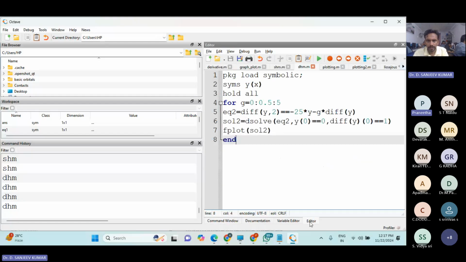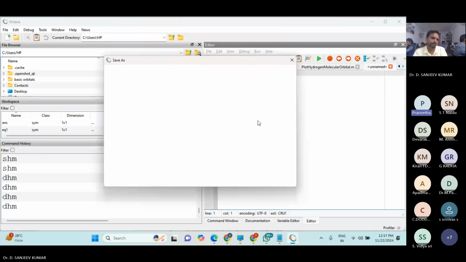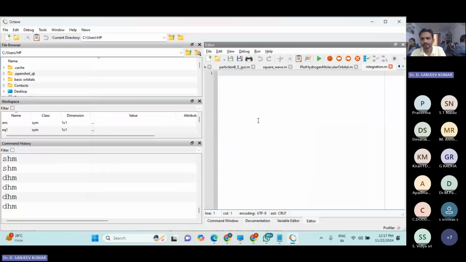So I'm taking a new file and I save it as integration.m. For convenience, I'm writing that pkg load symbolic.